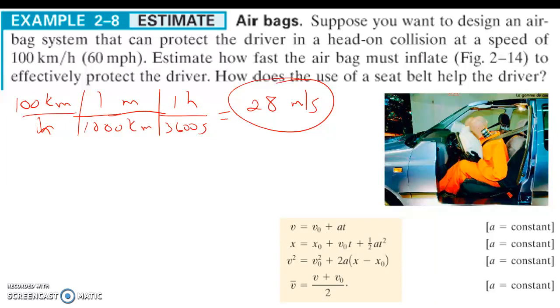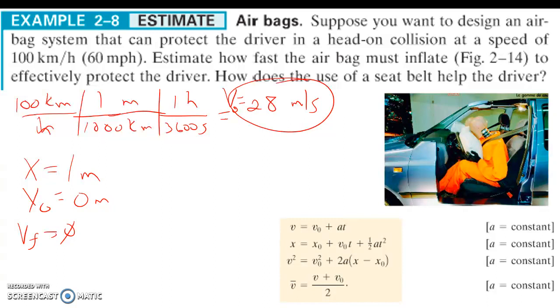We know with the airbag in the wreck that the distance traveled, we'll guess approximately, and again, we're not given the information, but we'll make a guess. We'll say our final position will be 1 meter of crumpling that will occur. Sometimes you have to make some of these assessments or estimates when you're solving problems. So about 1 meter, and once we know that, we know our final velocity, because we're stopping, is going to be 0. We know our initial velocity is 28 meters per second, and we know our distance.